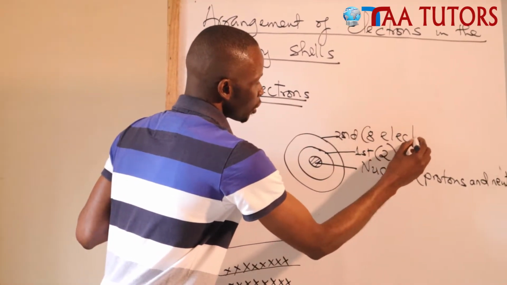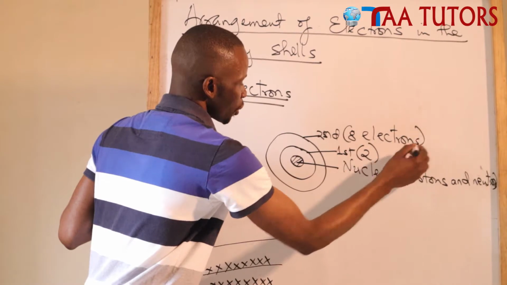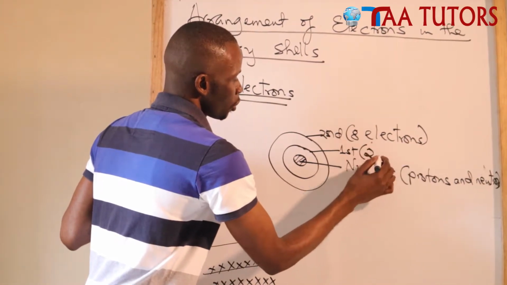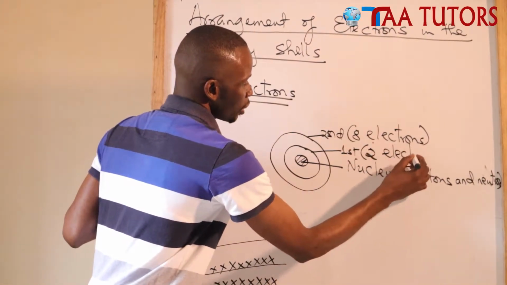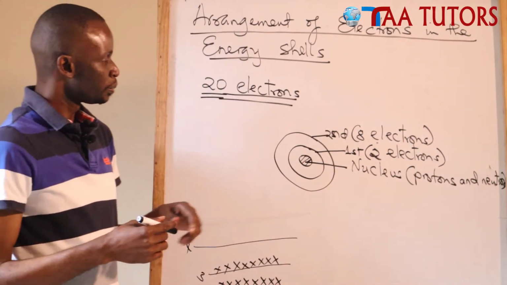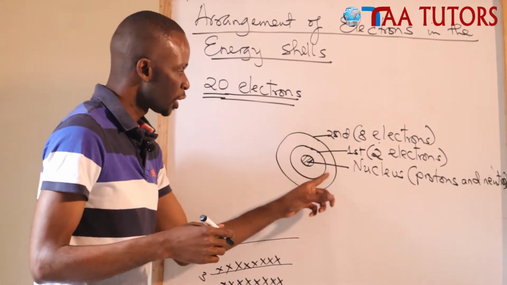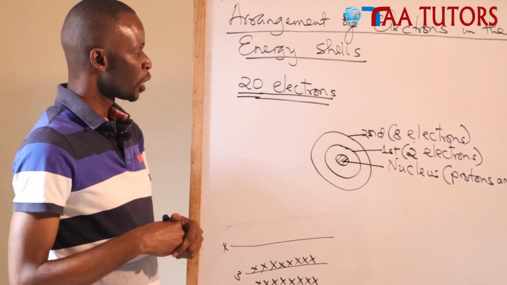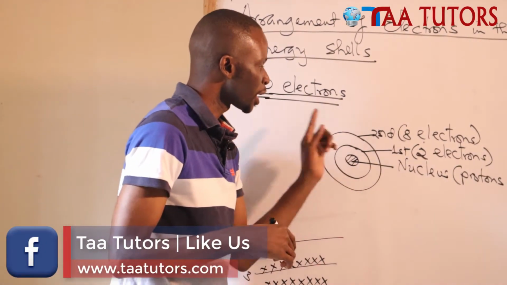8 electrons there. This one I've said is 2 electrons. So the first energy level will carry 2 electrons, the second will carry 8 electrons.